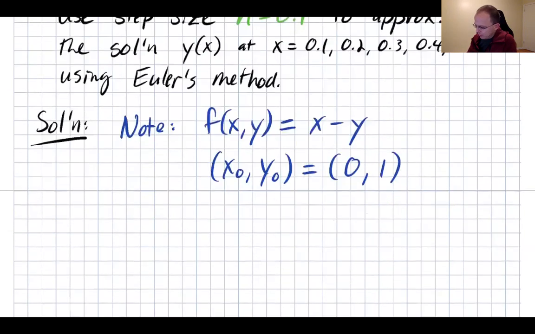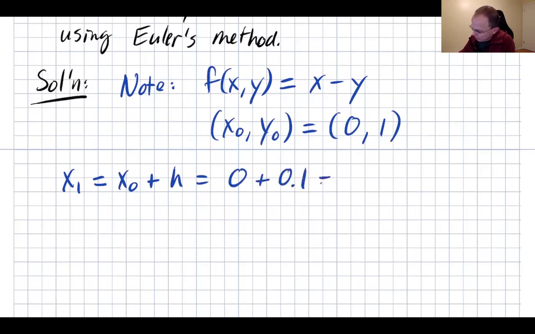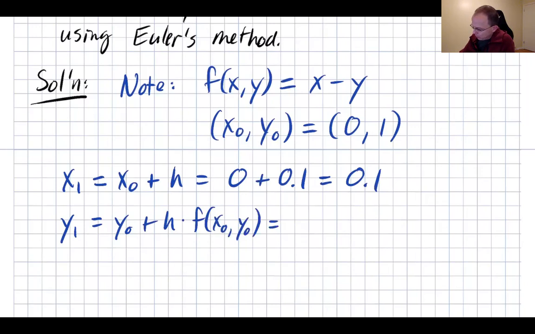So now let's use our formulas to compute x1. Remember that's x naught plus h. So that's 0 plus 0.1, which gives you 0.1. And y1 will be y naught plus h times f of x naught, y naught. Okay, so y naught was 1, h is 0.1.